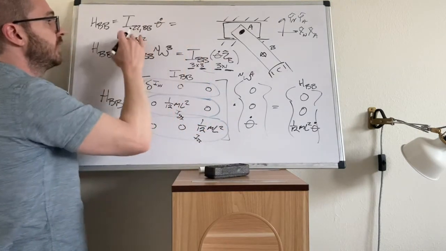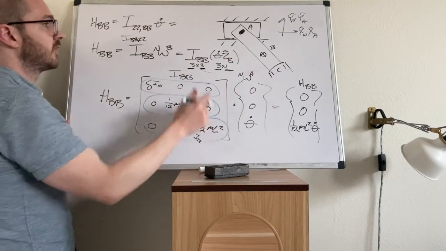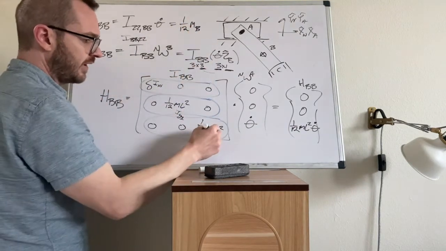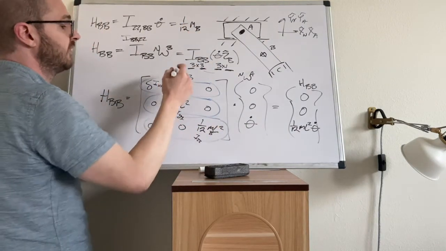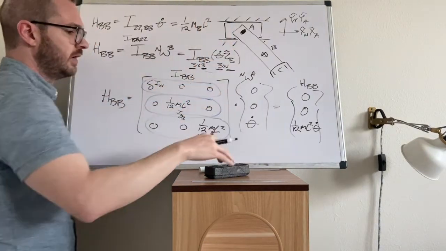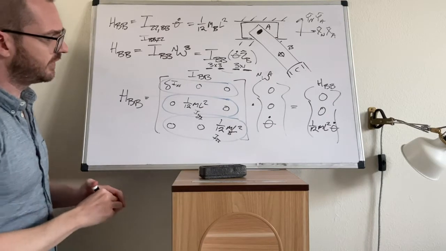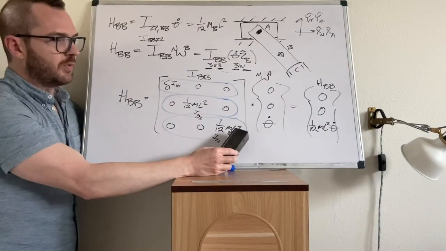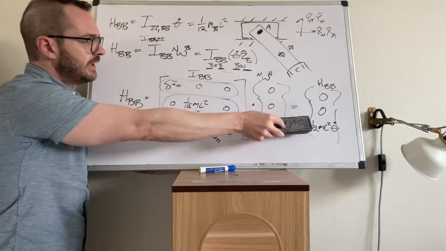And specifically, what was this IZZ BB term? It's 1/12 MB, since we're talking specifically about the mass of B, times L squared. And pay attention with this L squared. I think this is the total length of the rod.